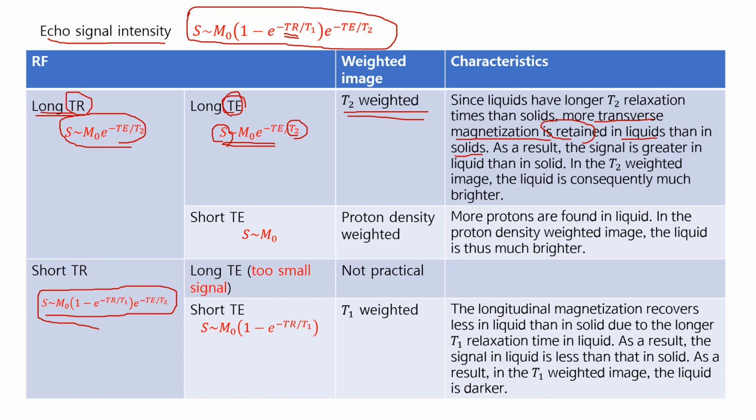This transverse magnetization gives the echo signal. So as a result, the signal is greater in liquid than in solid. So, in the T2 weighted image, the liquid is consequently much brighter.